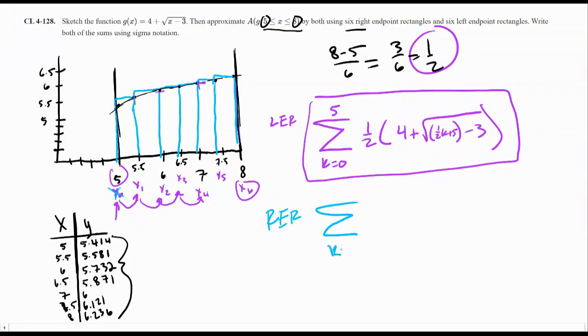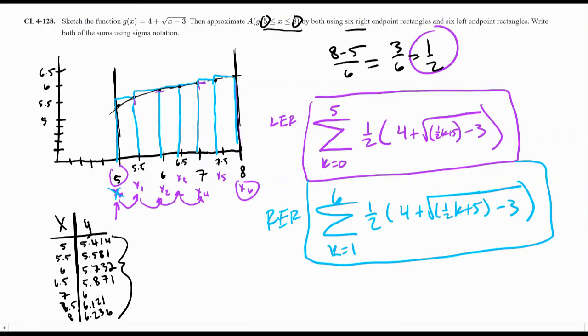I use k equals 1 and go to k equals 6. Again, that's 1, 2, 3, 4, 5, and 6, because I need 6 rectangles. I'm still using the same x sub k because there's still the same distance between all of them, and the same original equation. And so here's my other sigma notation.